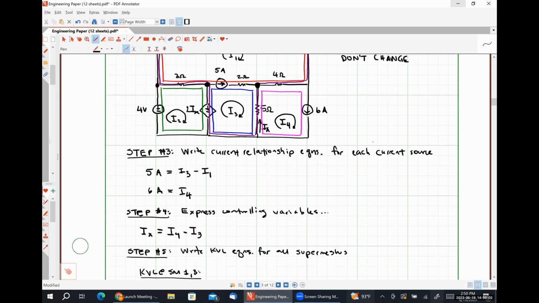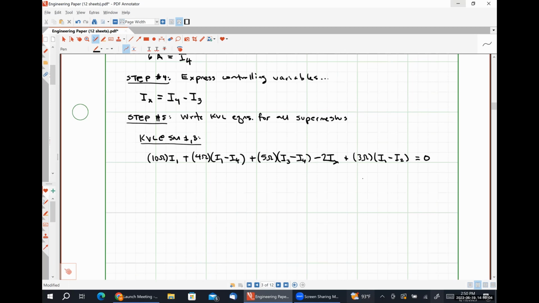All right, so now we are going to write KVL equations for all remaining meshes that do not contain current sources.